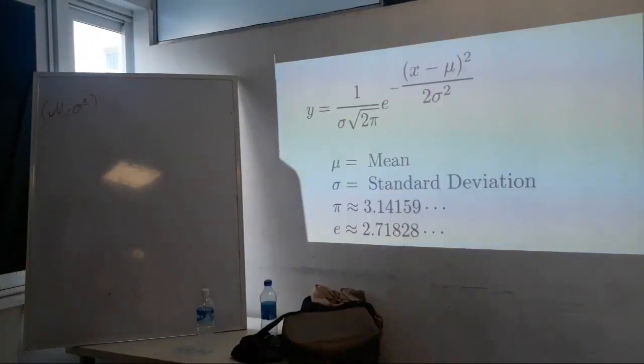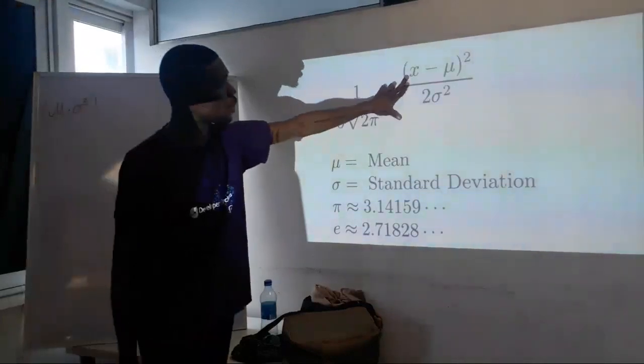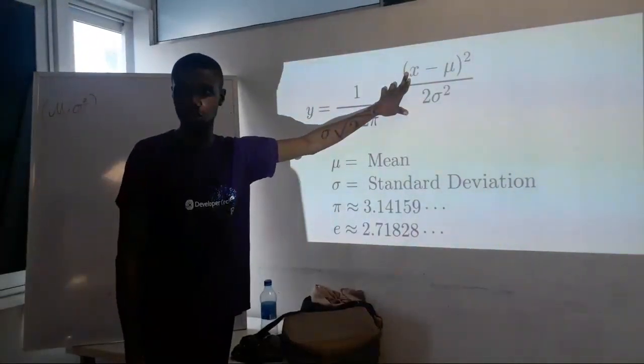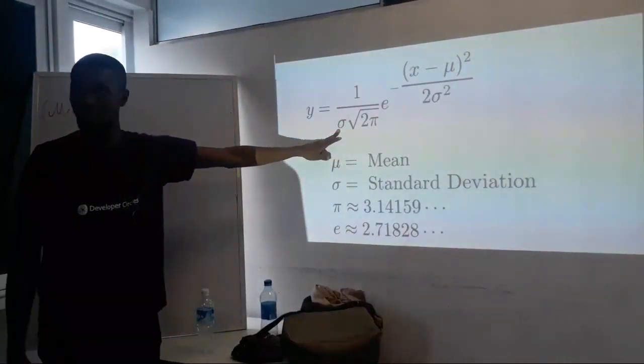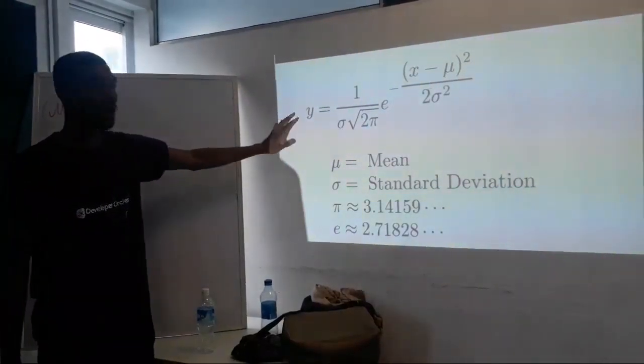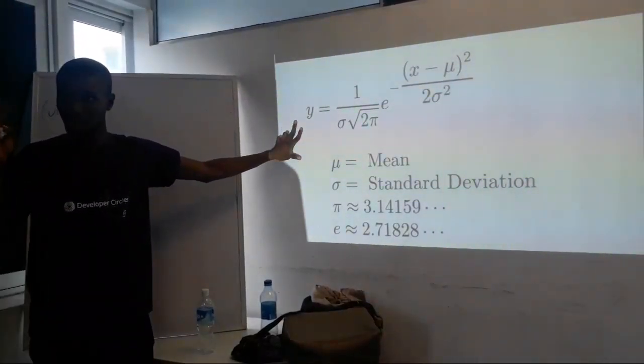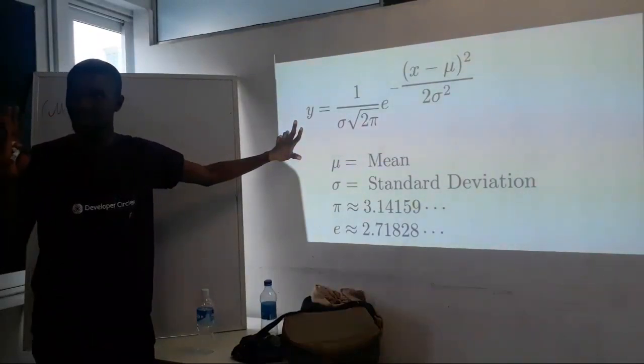This is what I'm trying to say. We are going to put in our value x, then with the mean and standard deviation, with these two values, we get our y. Does it make any sense?